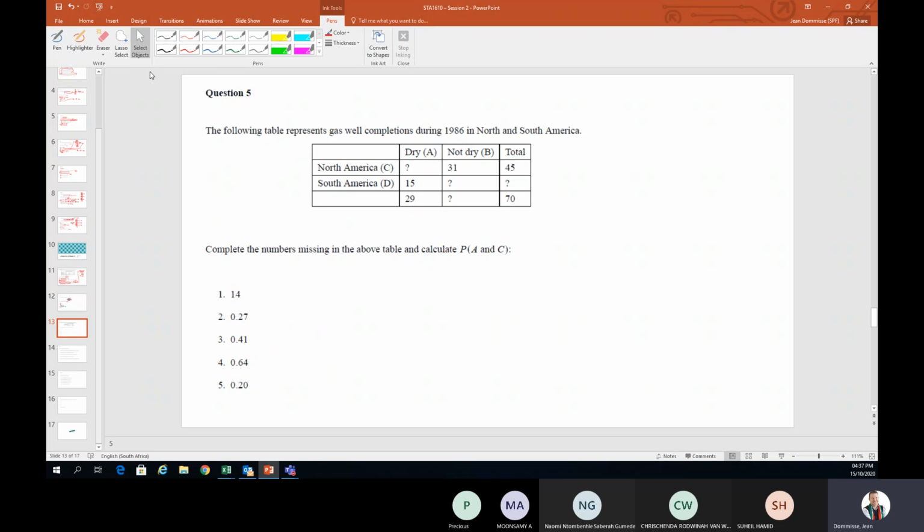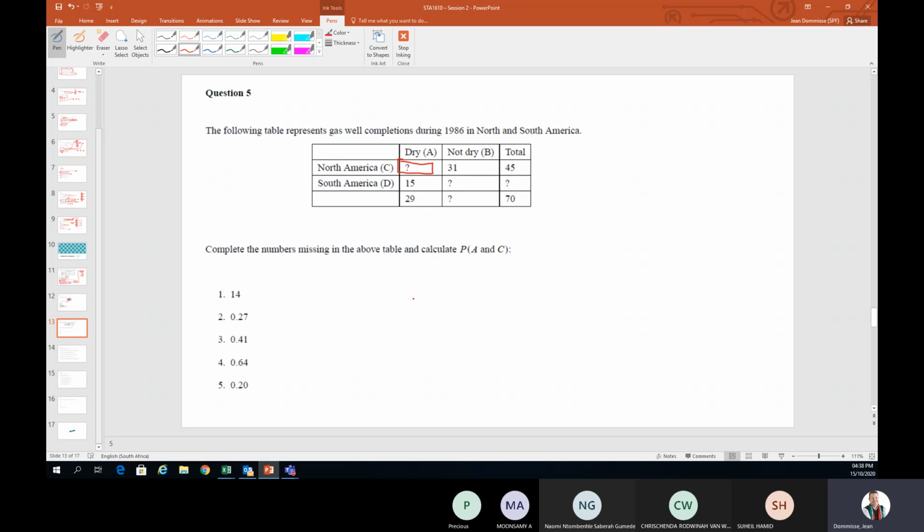With this question, you can see that you first need to calculate the missing values, and then they ask you to calculate the probability of A and C. So what is the probability of those two happening?